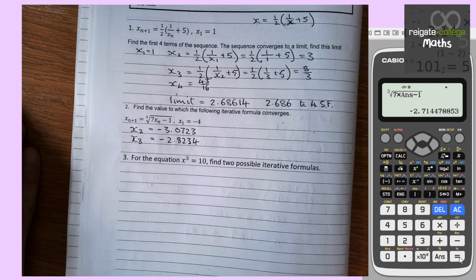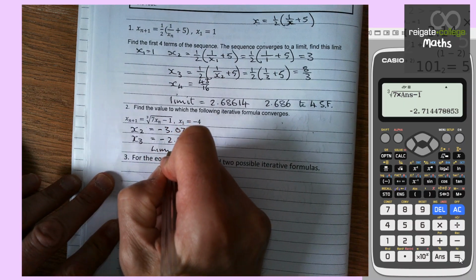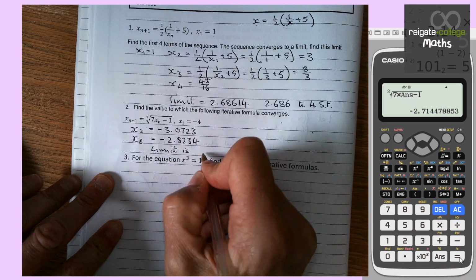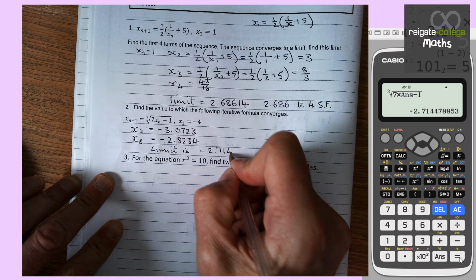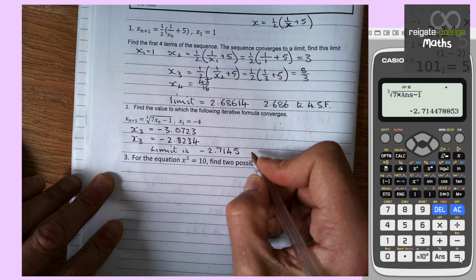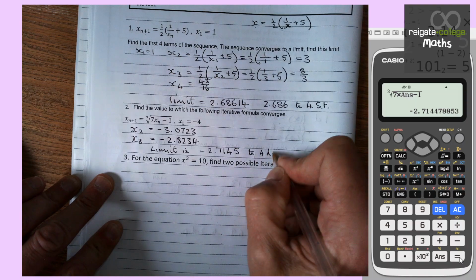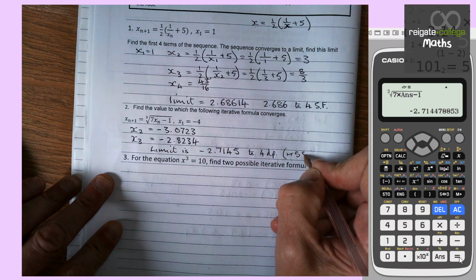So it looks like the limit is minus 2.7145 to 4 decimal places, or 5 significant figures.